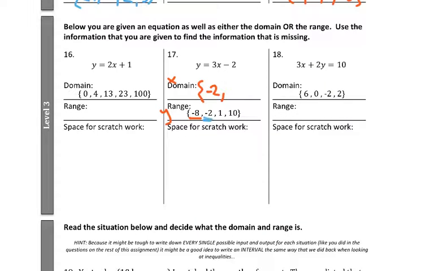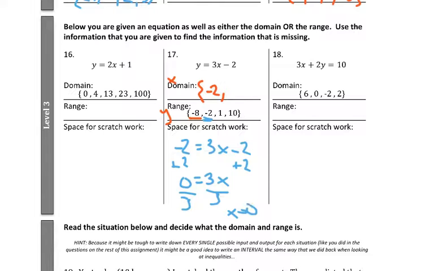This time I'm going to try with -2, plugging it in for y, so -2 equals 3x minus 2. I want to add 2 to both sides, so 0 equals 3x. Divide by 3, and x equals 0.